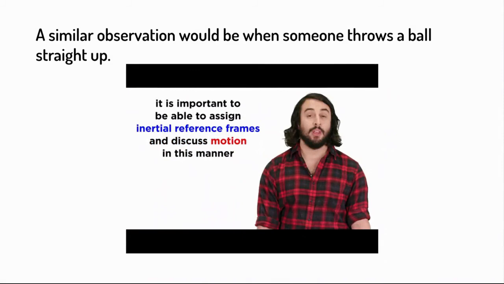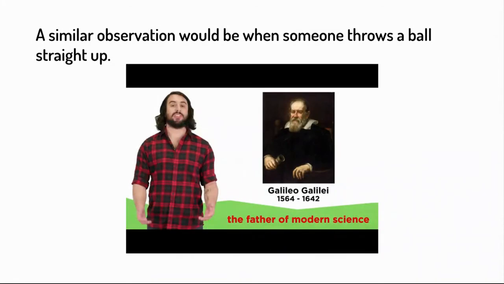Assigning frames of reference and understanding what they mean for the motion of objects is a big part of physics. And although some aspects of this kind of thinking seem obvious, they were not always well understood. Galileo was the first to rigorously describe relative motion after doing experiments in a moving ship.